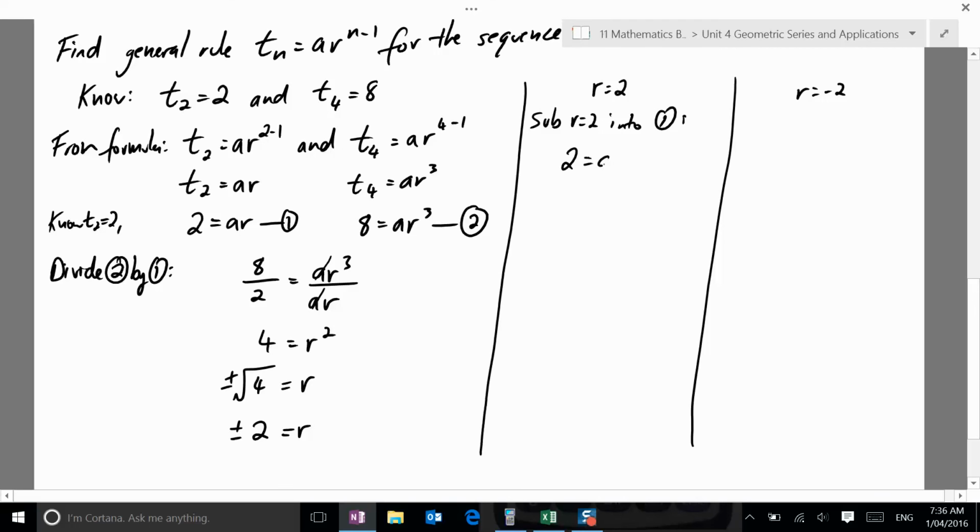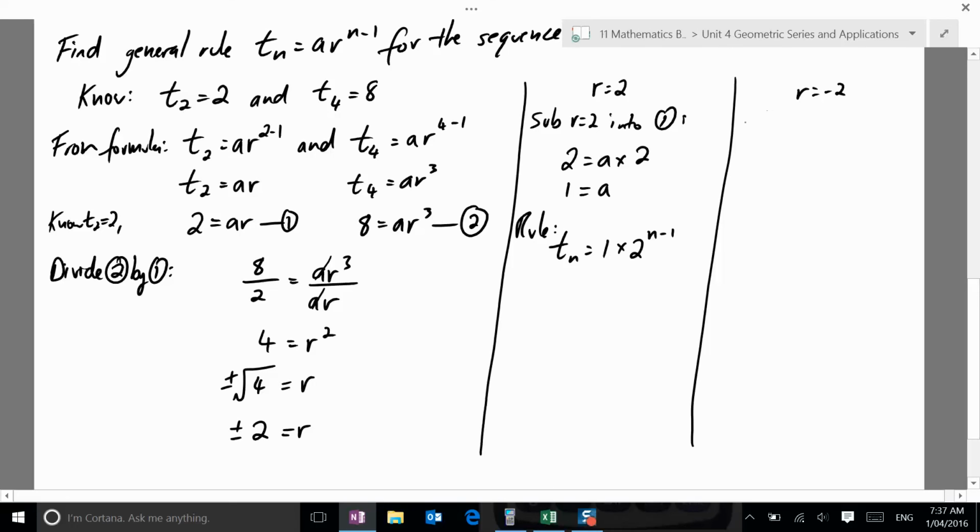So 2 equals A times 2. I get A equals 1. So my general rule is Tn equals 1 times 2 to the power n minus 1.